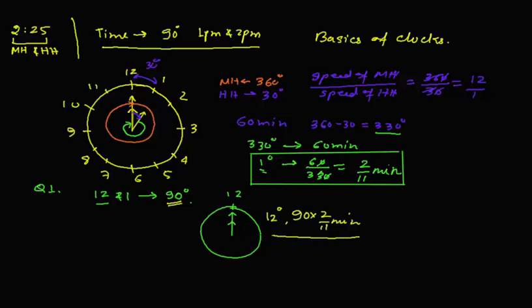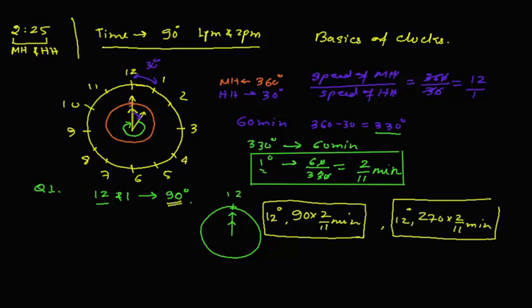Similarly, for the second time, the minute hand has to gain 270 degrees, and that will take 270 into 2 by 11 minutes after 12 o'clock. So this is the second time both the hands will be at 90 degrees between 12 and 1.